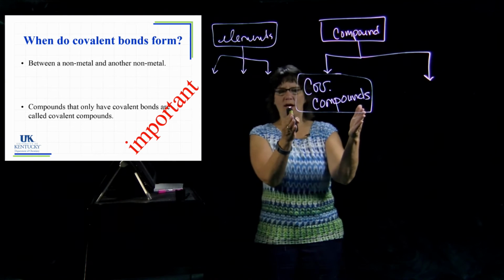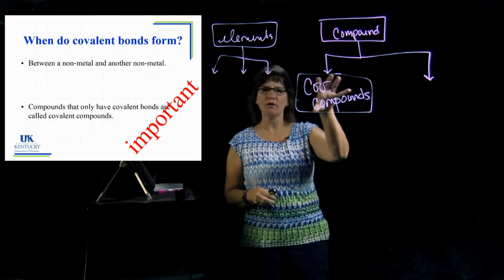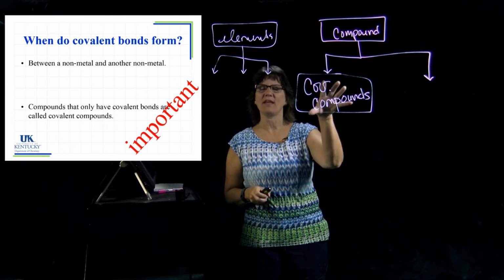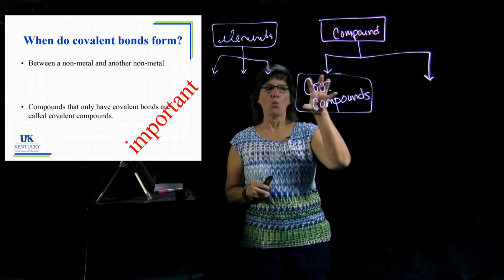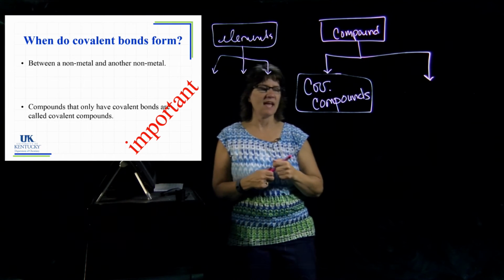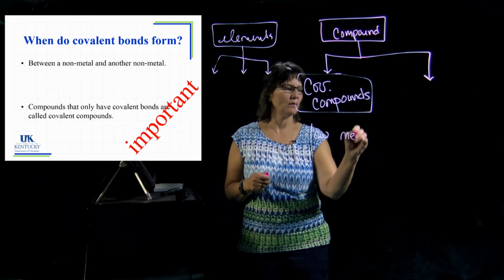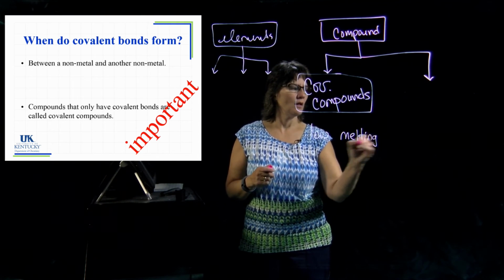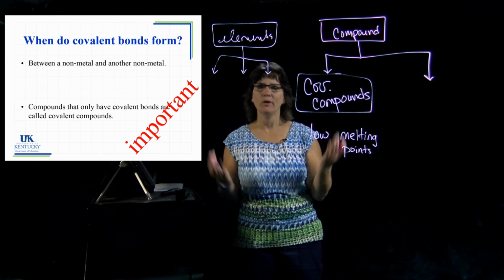Why do we categorize? Why do we put things into categories? Because if we know where it fits, we can know something about that substance. We're going to be able to know properties of these substances. What we know about covalent compounds, and I'm going to tell you this already, is that they tend to have low melting points. By low, what do I mean? Okay, water, where does it melt?